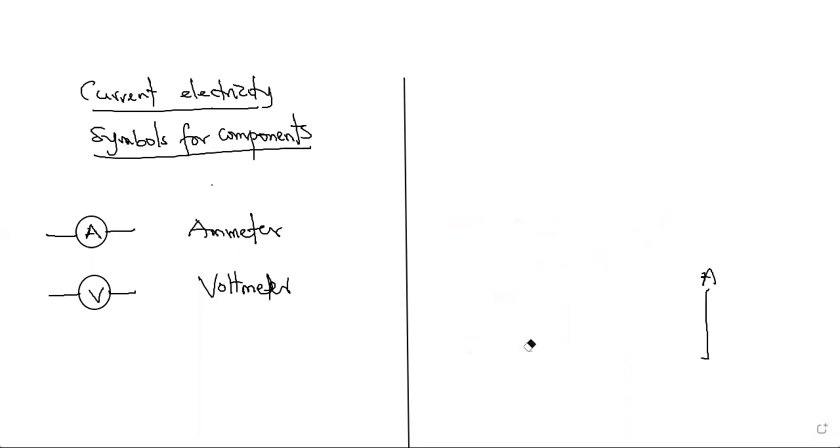Then you also have another symbol, which I've shown you before: the cell. For a cell, you have two lines, one big line and another small line, like that. When you see that symbol, it means it's a cell.